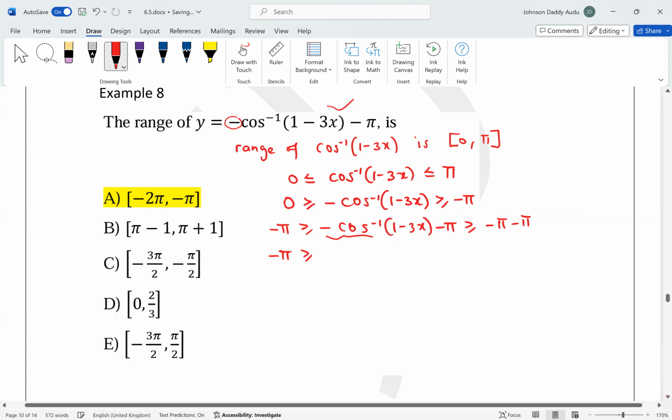This is the same thing as y. So y is greater than or equal to minus 2 pi. Then we can rewrite this as minus 2 pi is less than or equal to y, which is less than or equal to minus pi. So the range is going to be between minus 2 pi and minus pi.